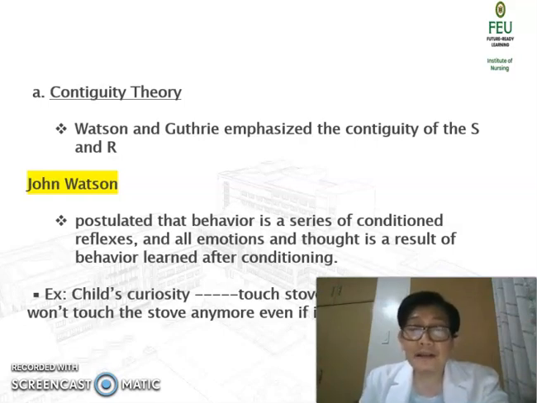For example, when the child is curious, the child will touch the stove and will feel the pain because the stove is hot. Now, the child will not touch the stove anymore, even if it is cold, because the thinking of that child stays in the child's mind that the stove is really hot all the time.